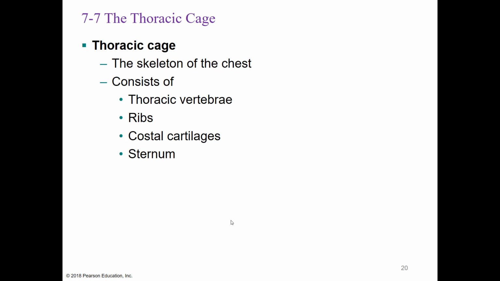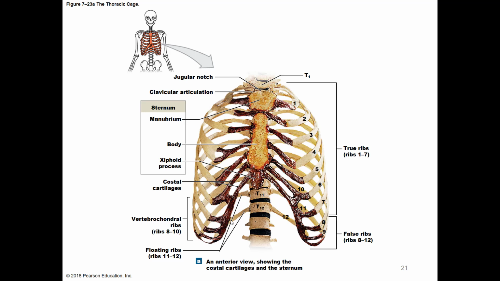So going back up to the chest, the thoracic cage, also known as the rib cage, the skeleton of the chest is made up of thoracic vertebrae, ribs, costal cartilage, and the sternum or breastplate. So taking a look at that, so our T or thoracic vertebrae are running down like so.